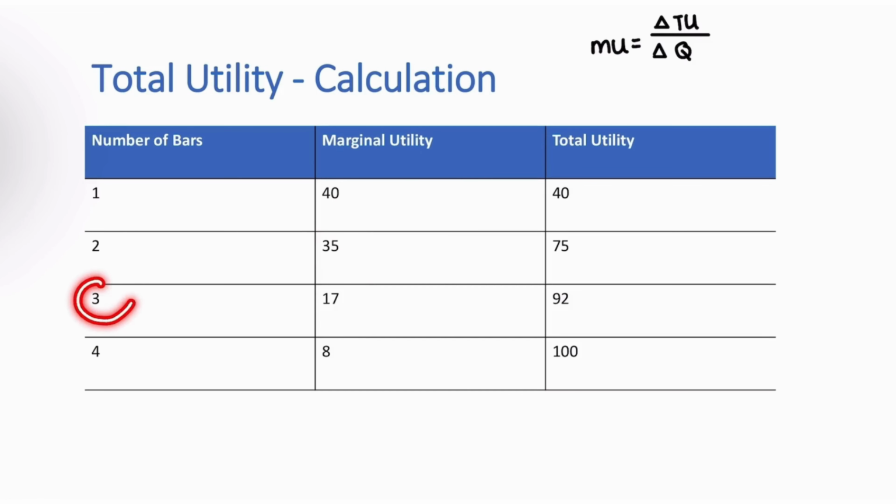When looking at 3 chocolate bars, we're adding MU1, which is 40, MU2, which is 35, MU3, which is 17, to give you the total utility of 92. When you're trying to find the total utility for 4 chocolate bars, you're adding all the marginal utilities together, which gives you the sum of 100.